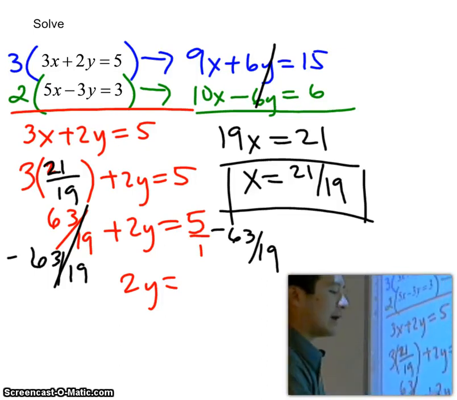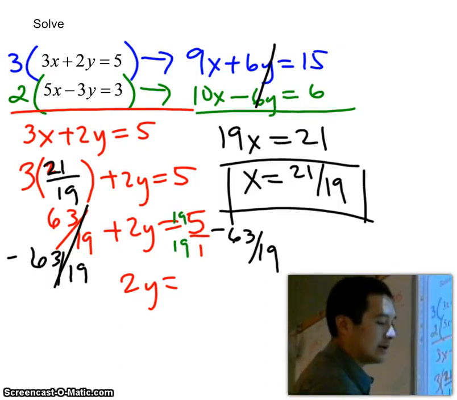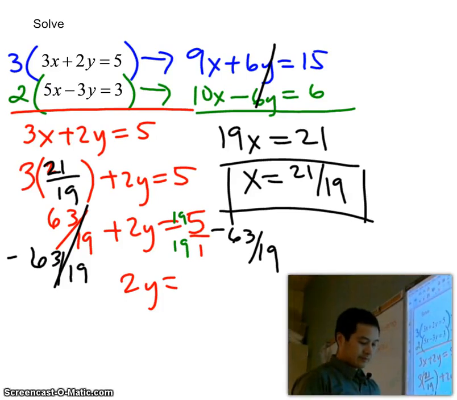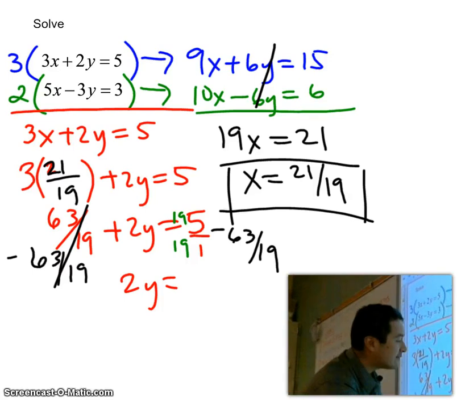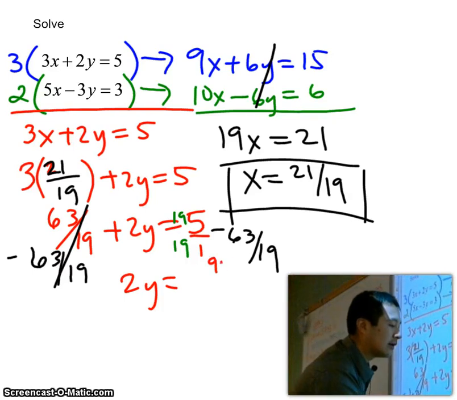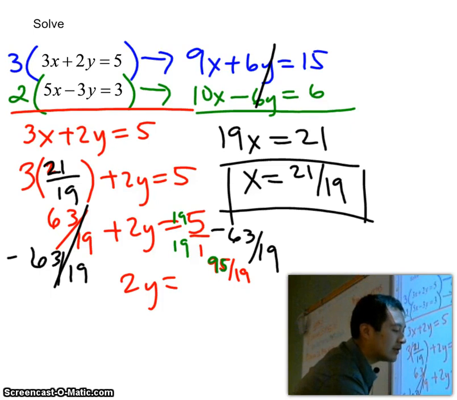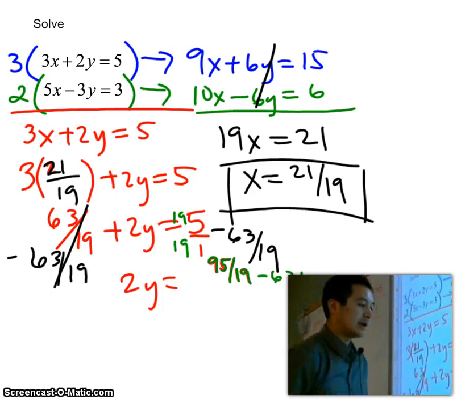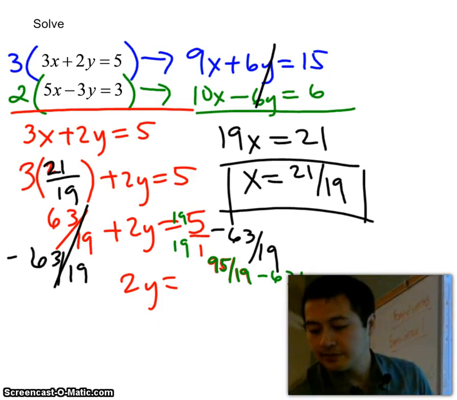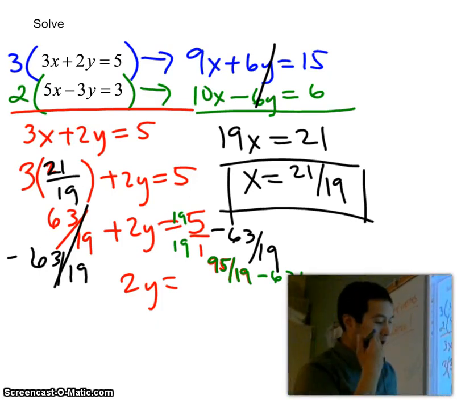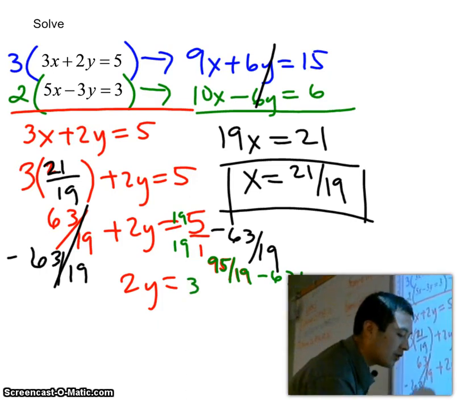So multiply top and bottom by 19. 19 times 5 is 95, so this is 95 over 19. Let's use a different color. 95 over 19 minus 63 over 19 becomes 32 over 19. So 2y equals 32 over 19.